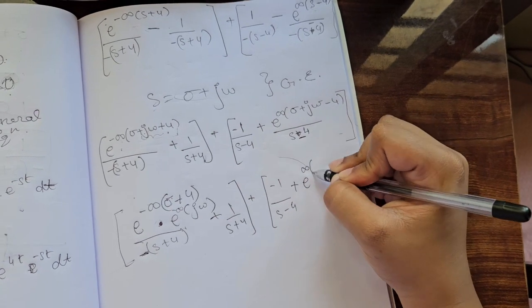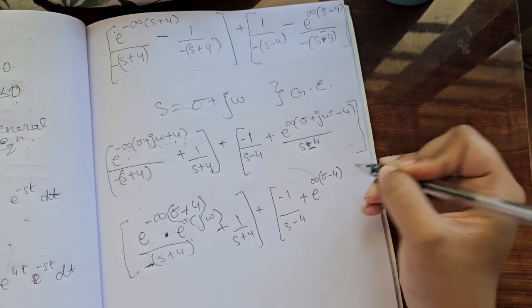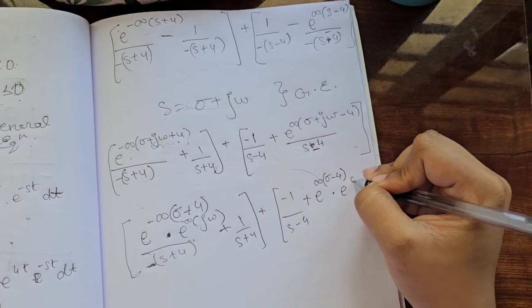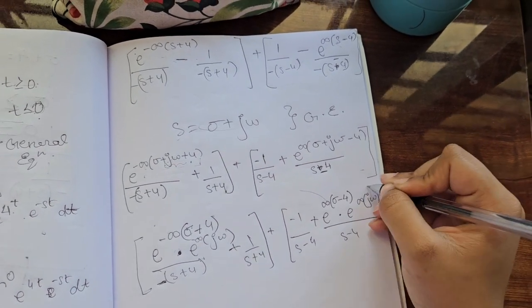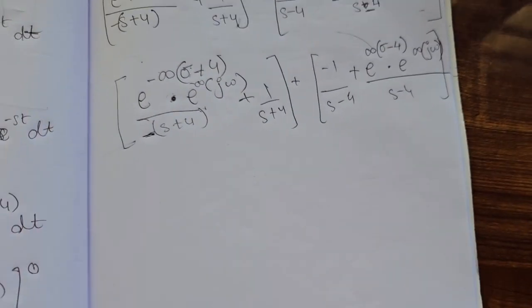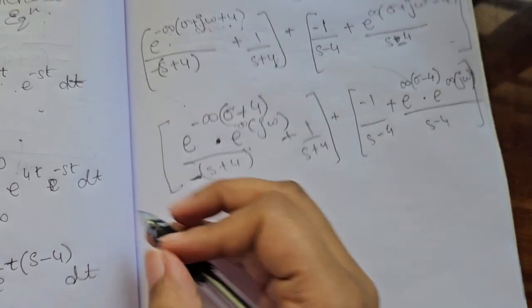Watch carefully how I separate them. Minus 4 into e raised to infinity into j omega. Okay, so now that that's done, we can go straight for the next step.